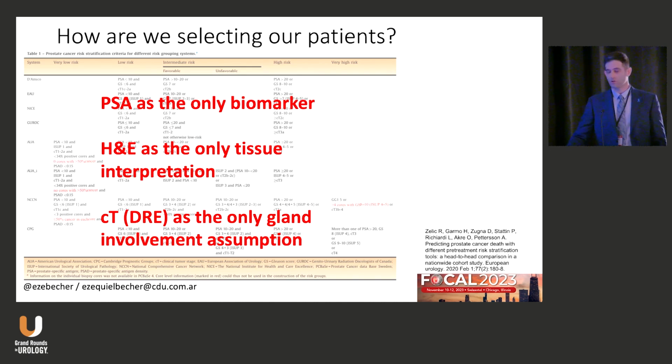They only rely on good old H&E for the tissue interpretation and nothing else. And basically, they all use DRE as the only way to assume gland involvement of the tumor. So I think we've evolved and we have newer ways of assessing risk, even though they're not validated as risk measures. But I think that for selecting patients for focal therapy, our risk stratification falls short.